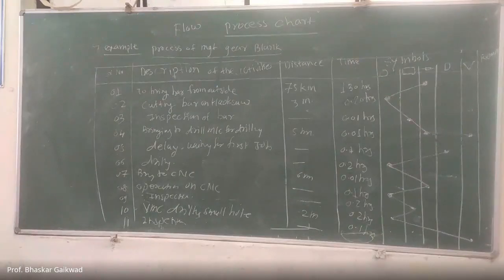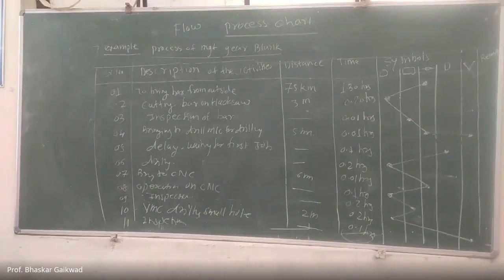Now, what is our main motto? How can we reduce this total time by reducing unnecessary movement, unnecessary inspections, unnecessary transportations, unnecessary delay? In this way, we can reduce the time. This is the main motto of the flow process chart.